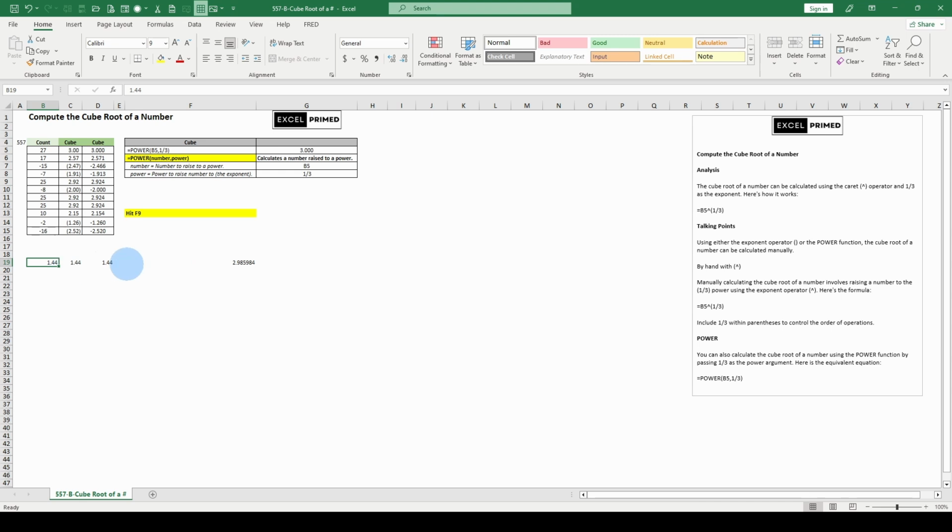So this number, if we go 1.44 to the third, 1.44 caret 3 instead of the other way around, the reverse, it's going to be 2.98. So our number has to be a little bit larger. So now what we want to do is take 3 equals this caret 1 divided by 3.